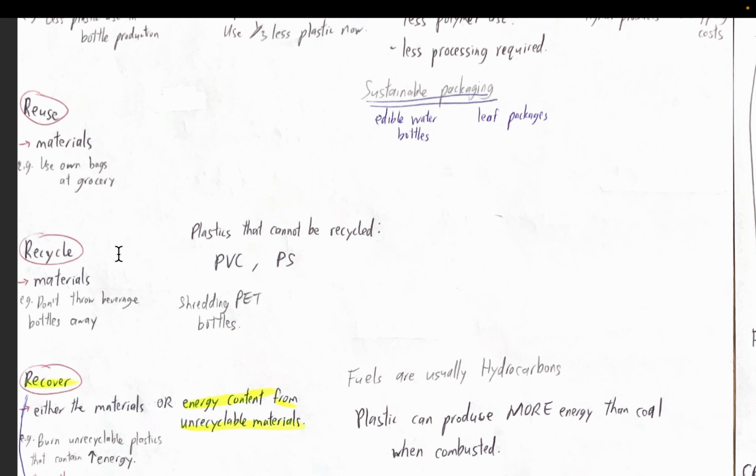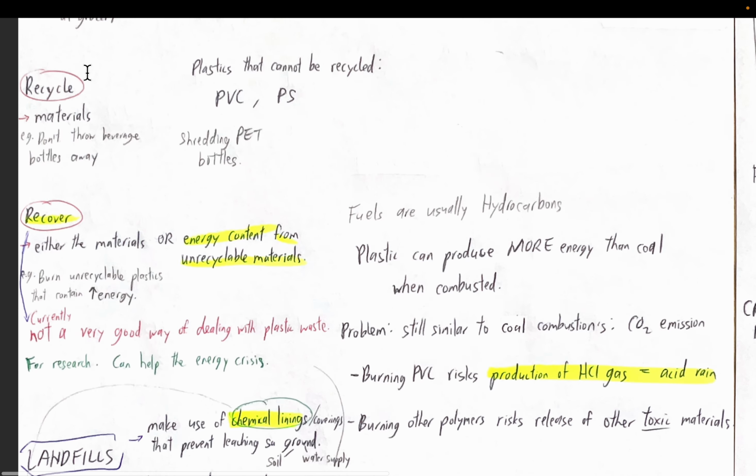So, reuse materials. You use your own bags at the grocery store, so that's one example. Next, recycle. Recycle materials. You don't throw beverage bottles away. So again, to recall, plastics that cannot be recycled, we have polyvinyl chloride and polystyrene.